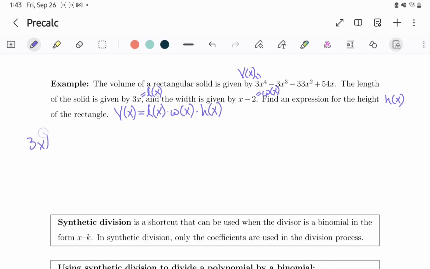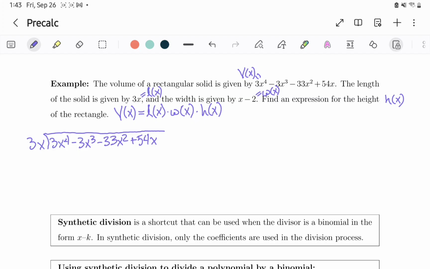So 3x for our divisor, and then 3x to the 4 minus 3x cubed minus 33x squared plus 54x. All right, so first we want to check how many times 3x goes into 3 times x to the 4.